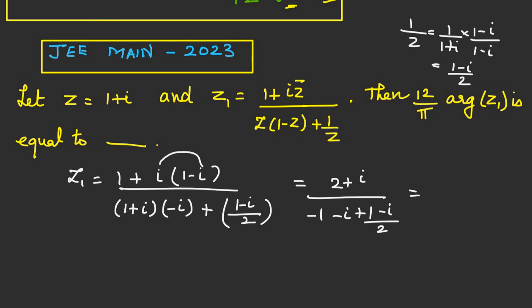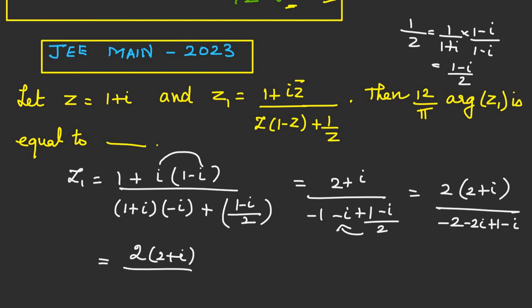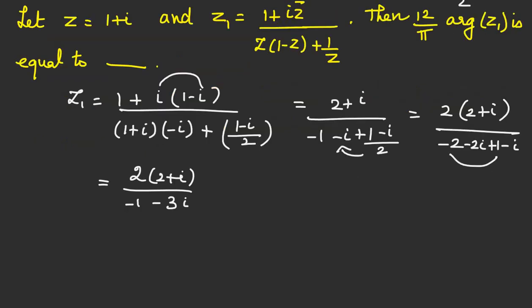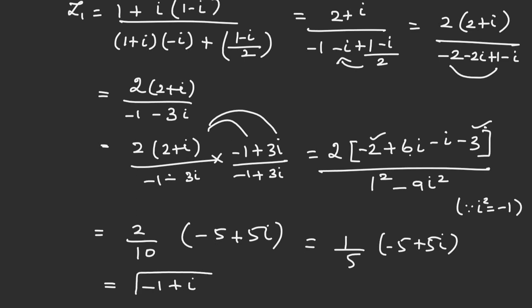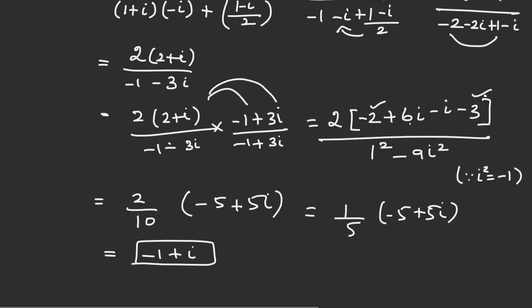Now again this is equal to 2 into 2 plus i, taking the LCM here, divided by multiplying by 2 minus 2i plus 1 minus i. Now again this gives us 2 into 2 plus i divided by minus 2 plus 1, which is minus 1 minus 3i. Multiplying by the conjugate, this is the value for our given question, z1.